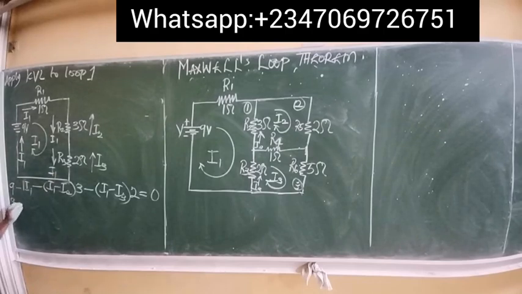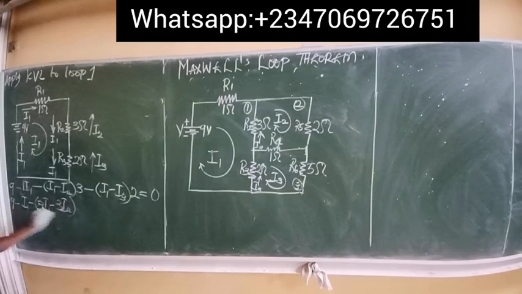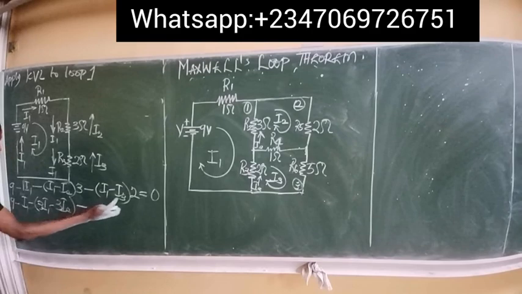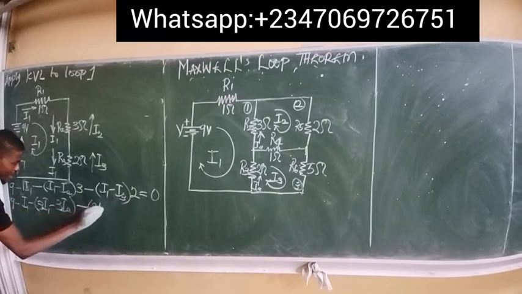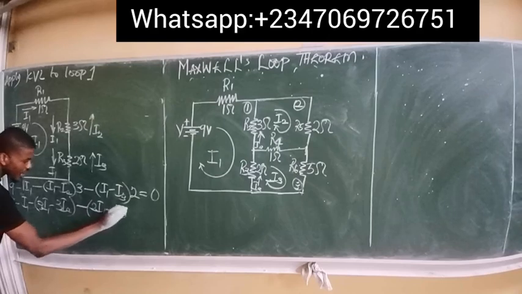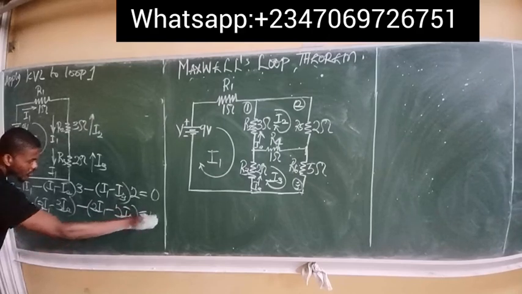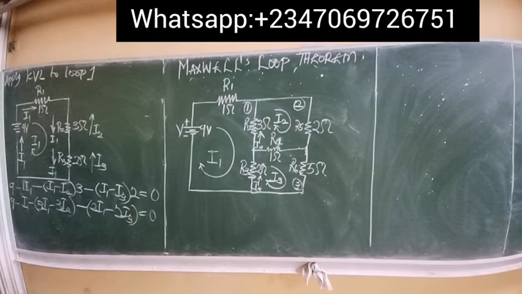I have here 9 minus, of course, 1 times I1 gives us I1, minus, so let's expand with 3 here. 3 times I1 gives us 3I1 minus 3I2, minus, same thing here, 2 times I1 gives us 2I1 minus 2I3, and this is equal to 0. So let's expand with negative signs.